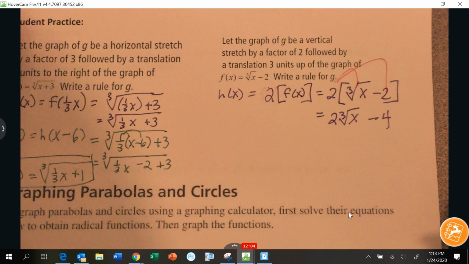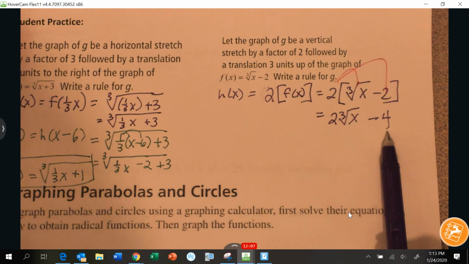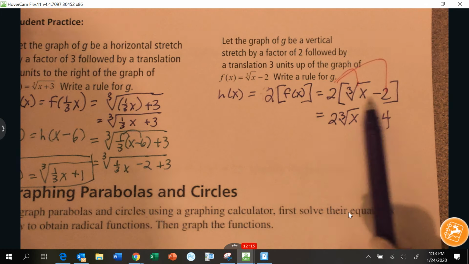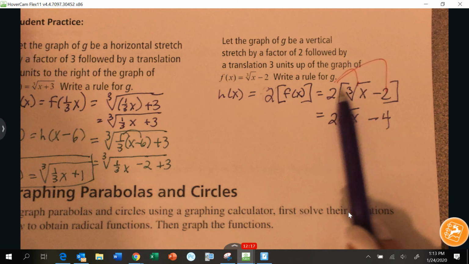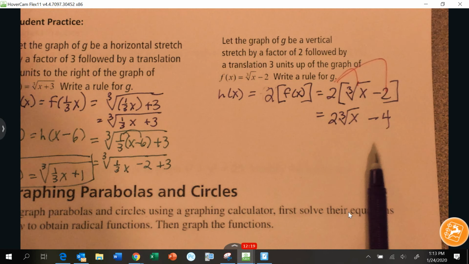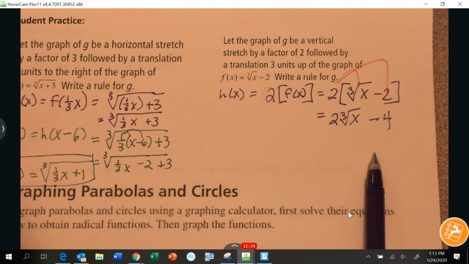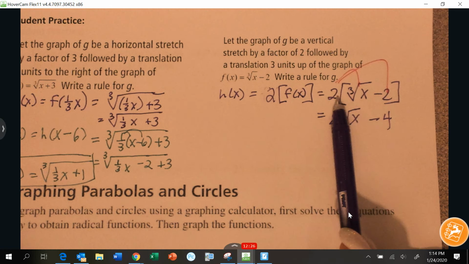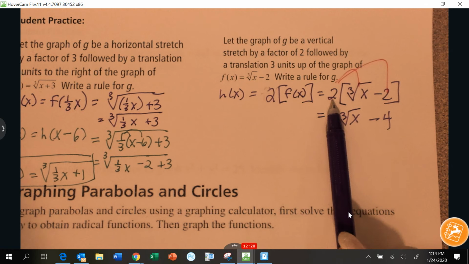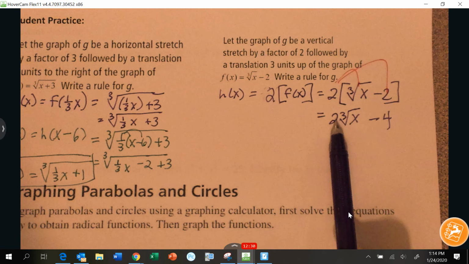These are the things you'd forget about. We're doing a stretch and there's more than one term here, so we have to distribute it. Wait, you don't distribute into the x, right? We can't take a 2 that's not a radical and put it under a radical. It just goes right in front.